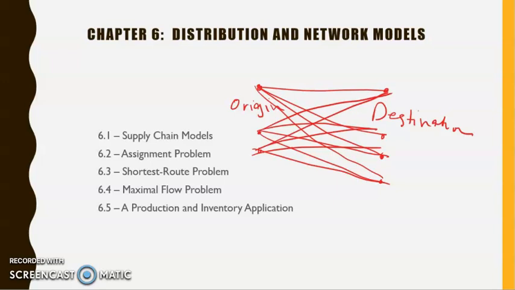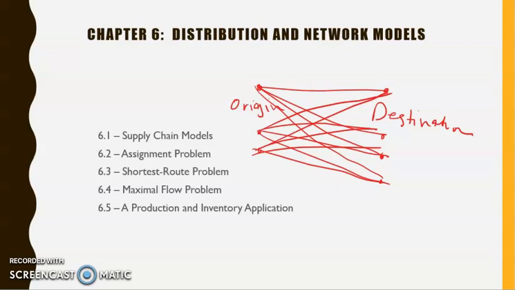Okay, chapter 6 of your textbook, and we are gonna cover 5 topics, 5 sections: supply chain models, assignment problem, shortest route problem, maximal flow problem, and a production and inventory application. There could be some changes in the sections we are covering, depending on the feedback I'm getting, on how easy or how difficult it is.